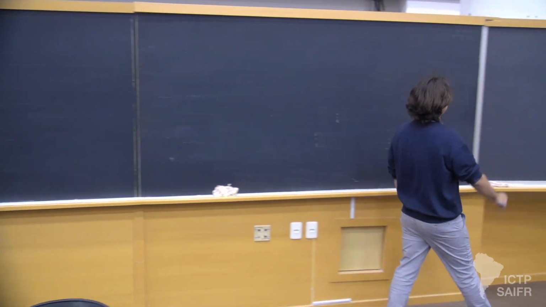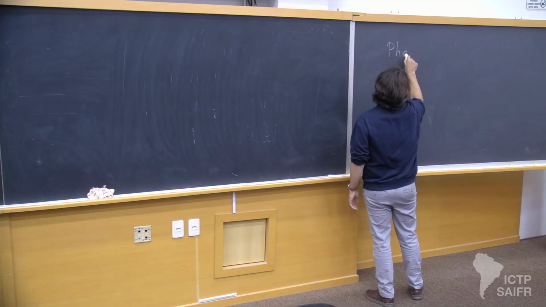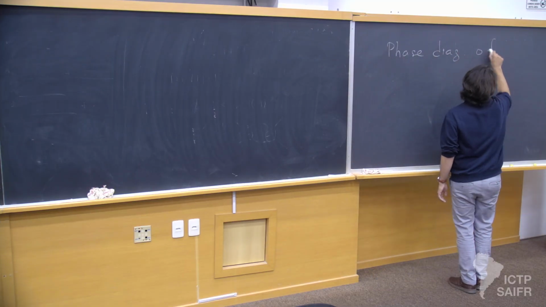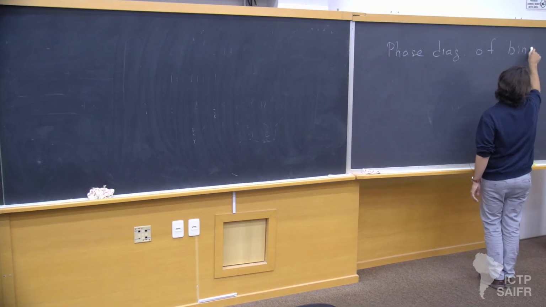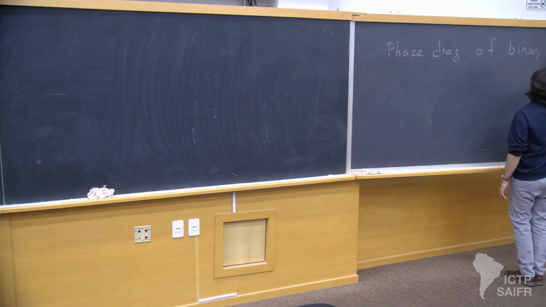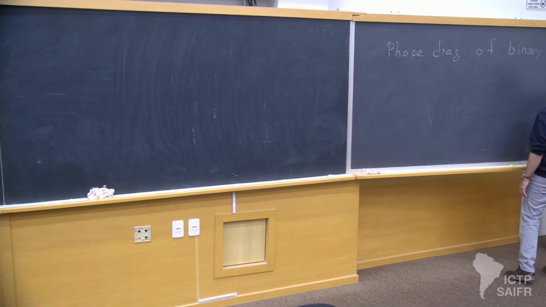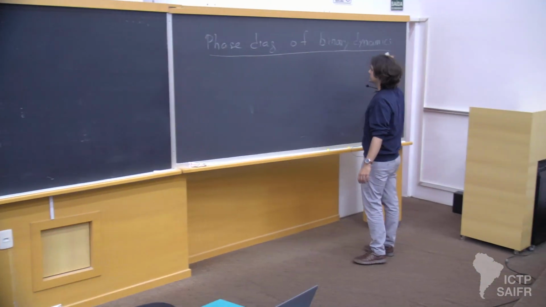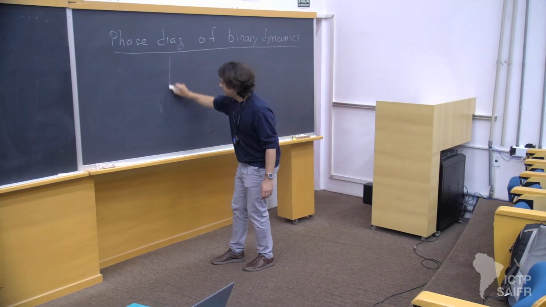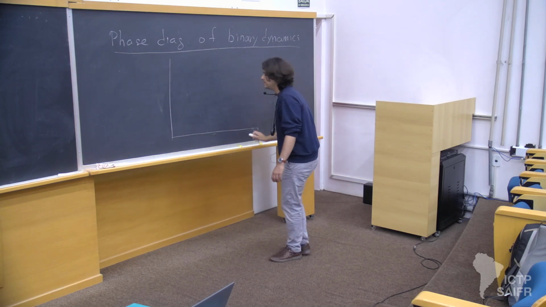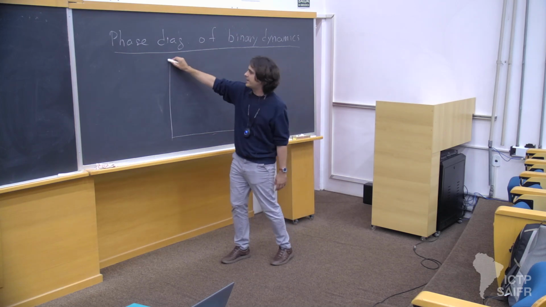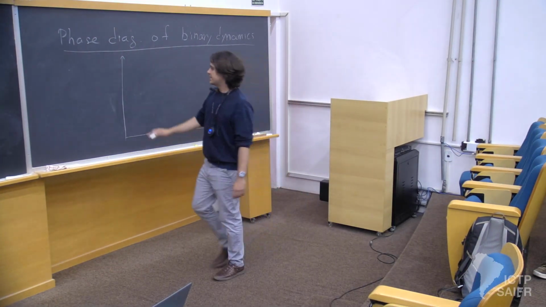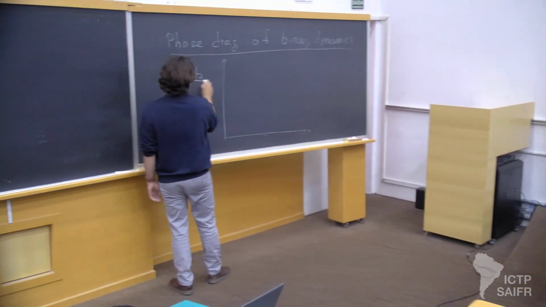Okay, so this is now the phase diagram of binary dynamics. So this is purely classical. So again, there will be two axes. There are actually more axes because you can have spin and other degrees of freedom, but I'm just going to focus on the simplest. The first one is going to be B over GM.